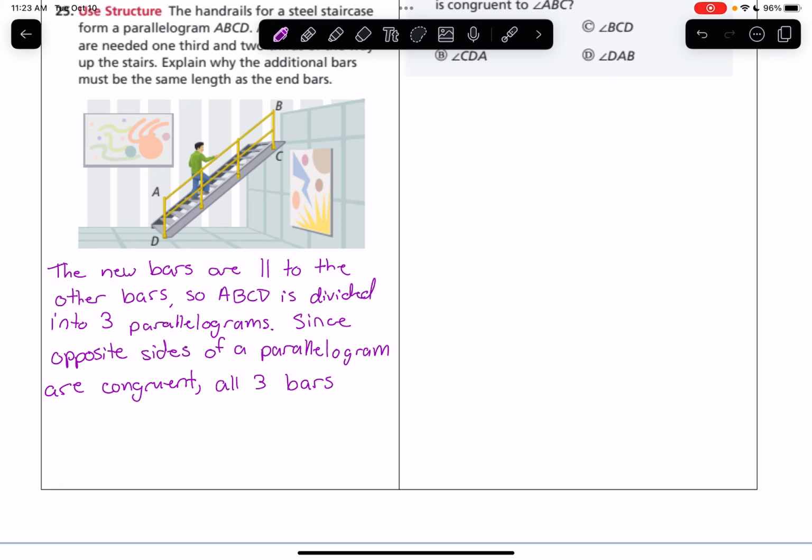Not all 3 bars, all 4 bars. I can, of course, count.